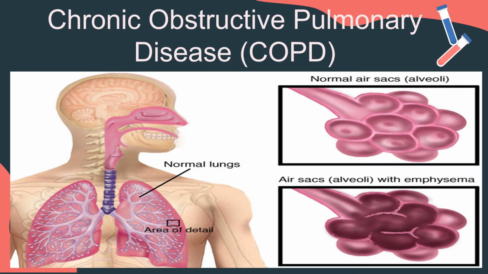COPD is a condition characterized by the inability to exhale normally, which results in difficulty in breathing. COPD cannot be cured but can be treated by avoiding tobacco smoke and air pollution, engaging in sports and proper exercise, eating regularly, observing proper diet, and taking enough rest.